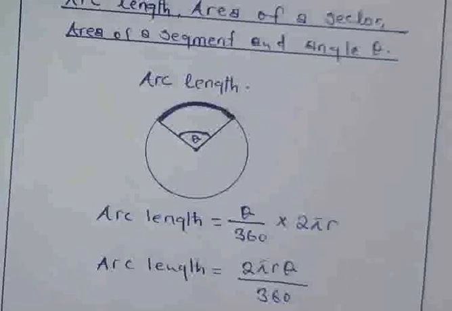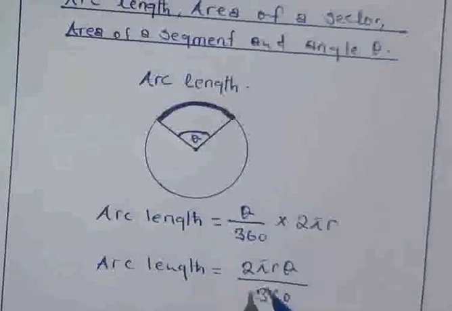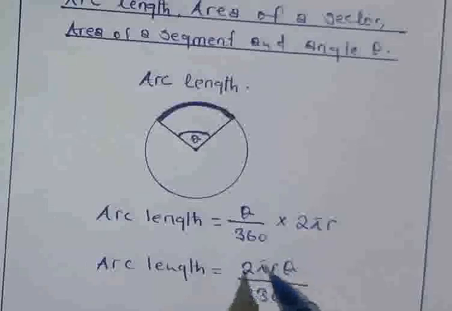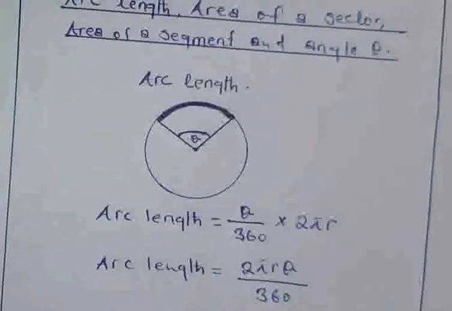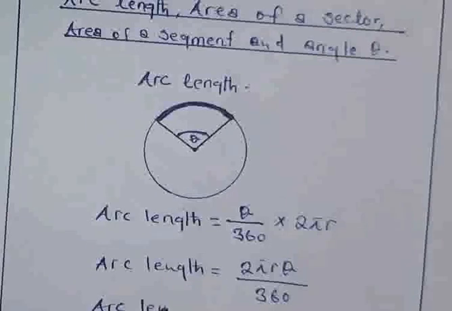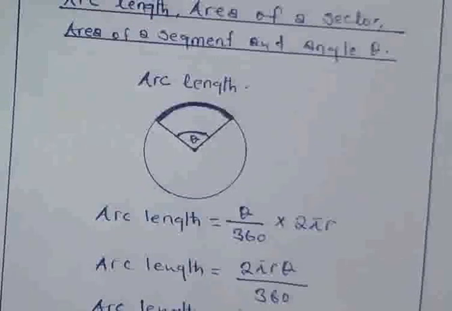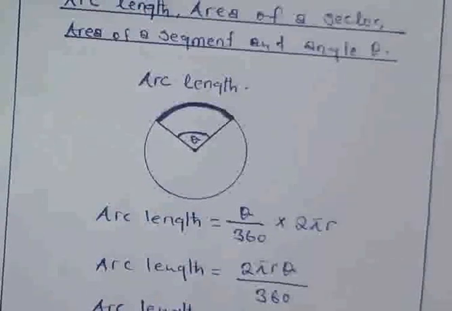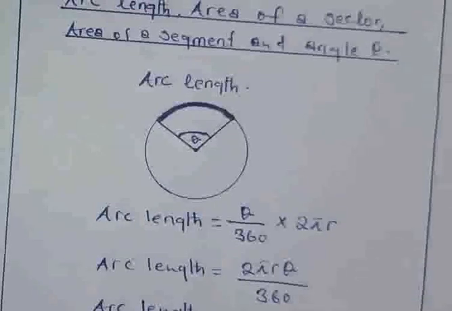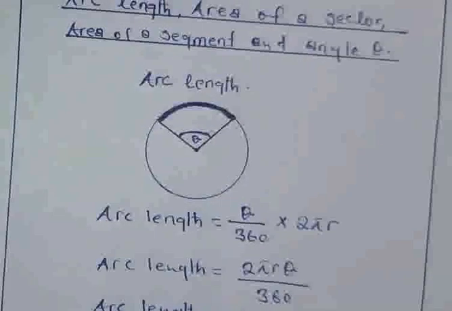Again, we can simplify it further by dividing, isn't it? Yeah, we can divide 2. We can find the highest common factor of 2 and 360 there, which is 2. So finally, we can say arc length is equal to just pi r theta over 180. That's because 2 into 2 is 1, and then 2 into 360 is 180.